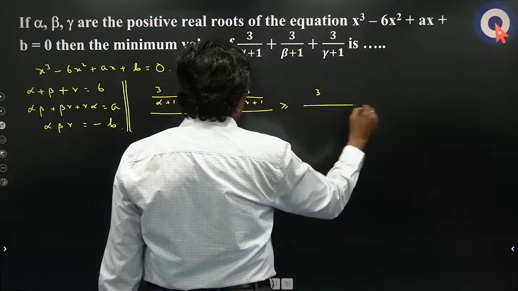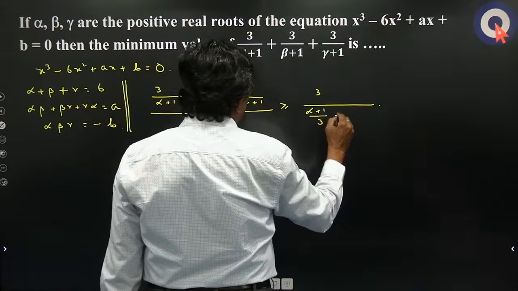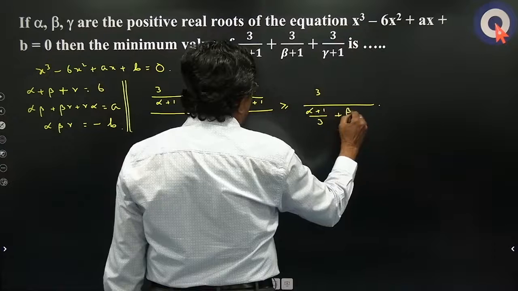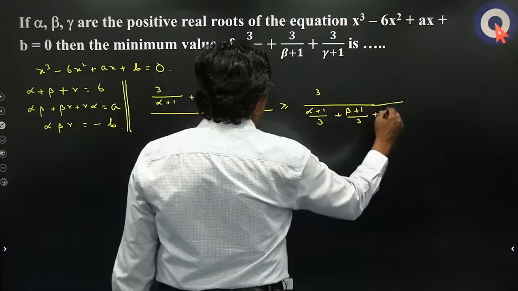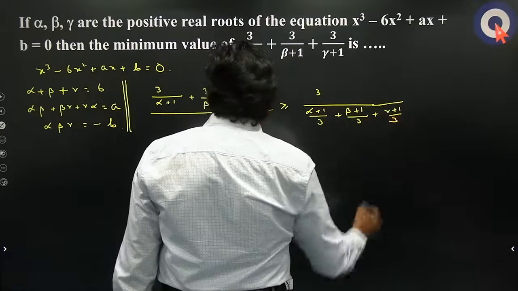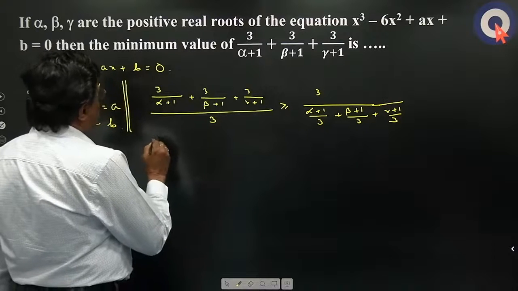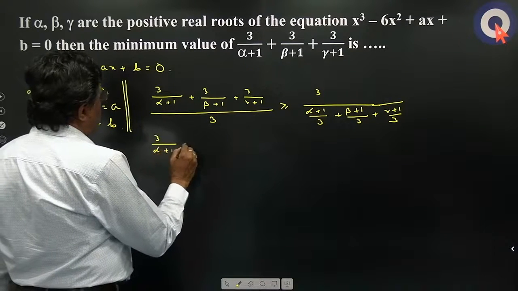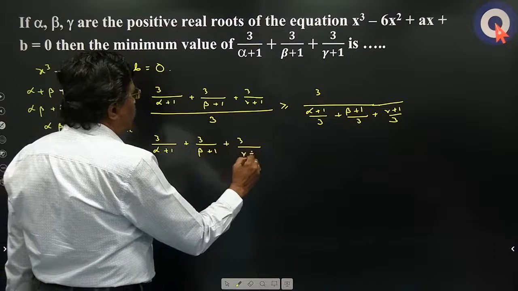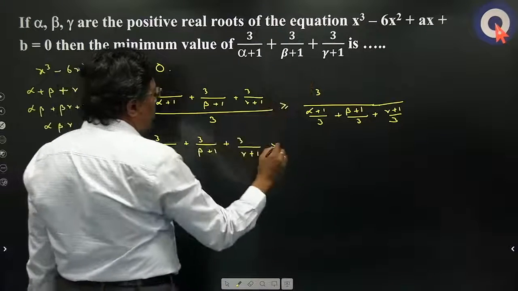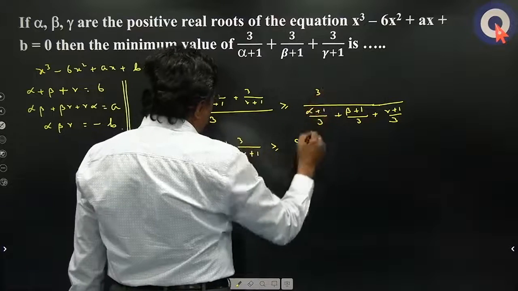So 3 by 1 by this much. 1 by this much is alpha plus 1 by 3. 1 by this much, so beta plus 1 by 3. And 1 by this much, which is gamma plus 1 by 3. So therefore, you have 3 by alpha plus 1 plus 3 by beta plus 1 plus 3 by gamma plus 1 is greater than or equal to, asking this 3 to go to the side, 9 here, 3 into 3, 9, and this 3 also will come up.